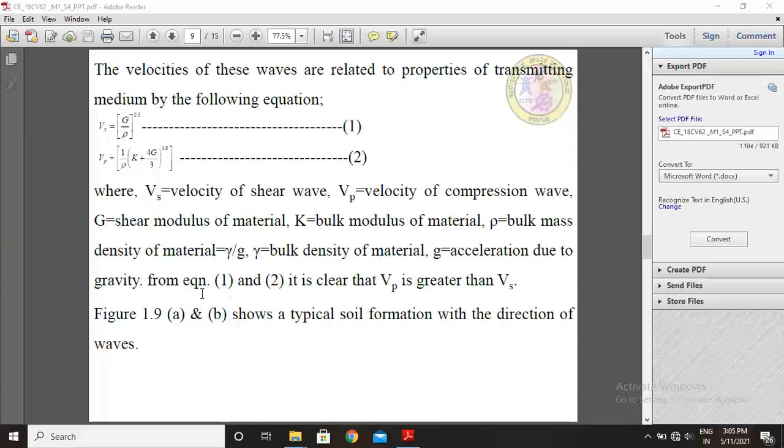From equations 1 and 2, it is clear that Vp is greater than Vs. Figure 1.9a and b shows a typical soil formation with the direction of waves.